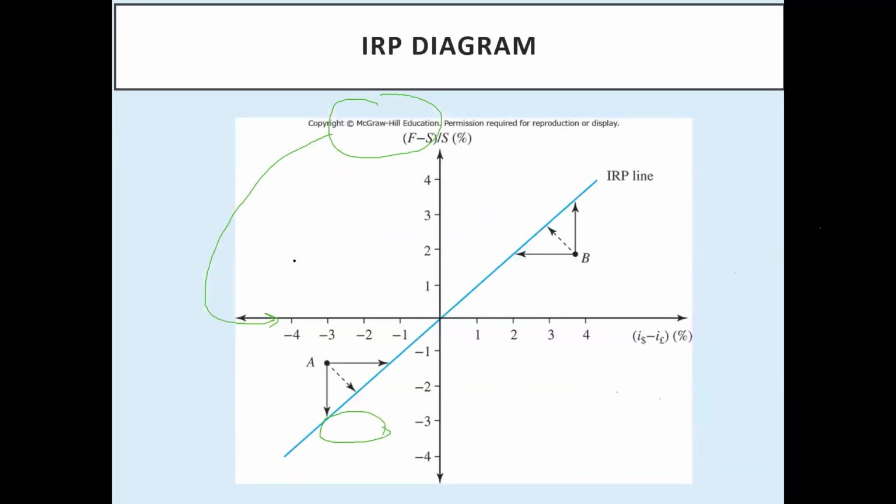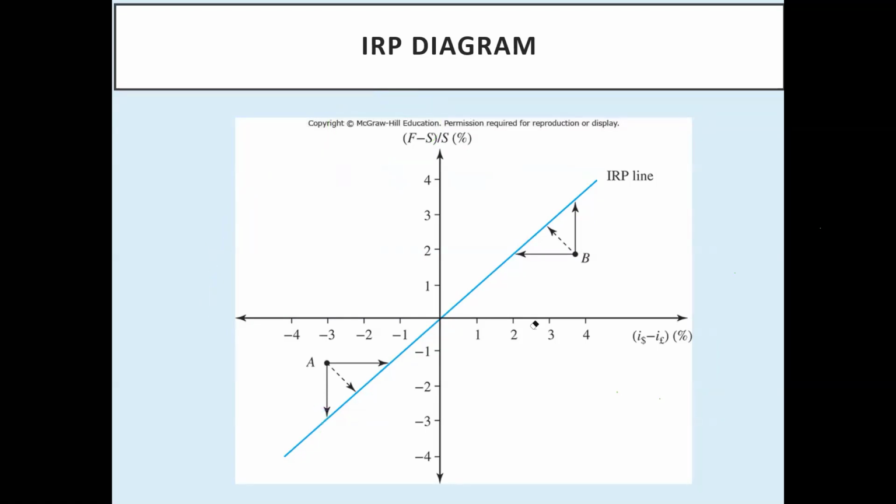So in that case, if I want to illustrate the relationship between the change in interest rate and the change in the spot rate, then I can draw this graph over here, okay?